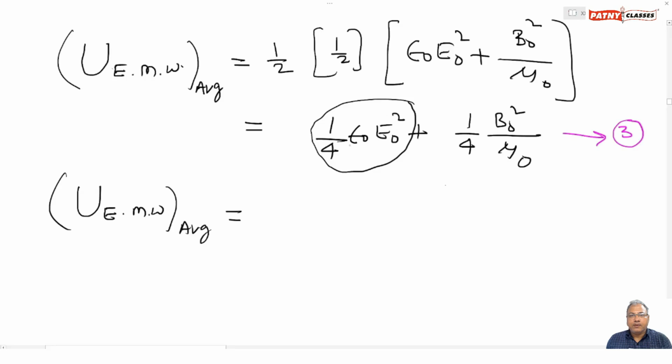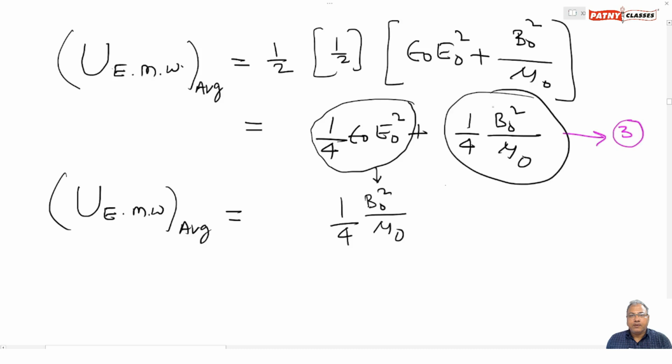Therefore, in equation 3, replacing 1 upon 4 epsilon E naught square by 1 upon 4 B naught square divided by mu naught, the other part is already there. Writing it as it is, B naught square divided by mu naught. This equals half B naught square divided by mu naught.